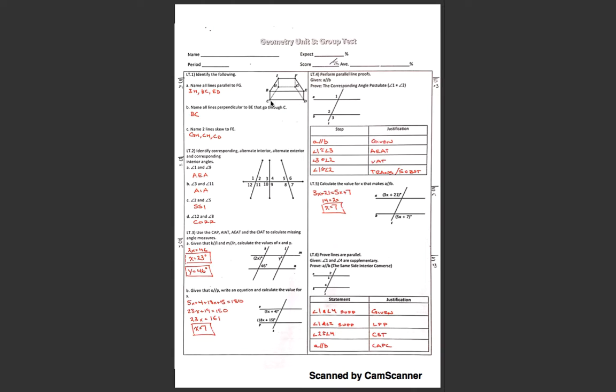CH, this one right here, also not ever going to cross FE, and also not parallel. And then, let's see, what's the other one? Oh yeah, GH. GH also will not be parallel and never cross FE.